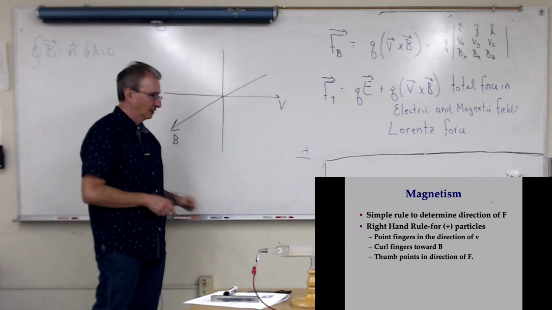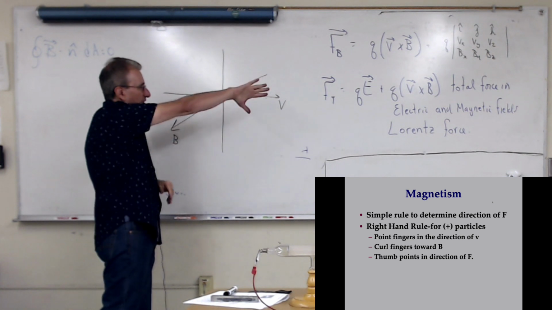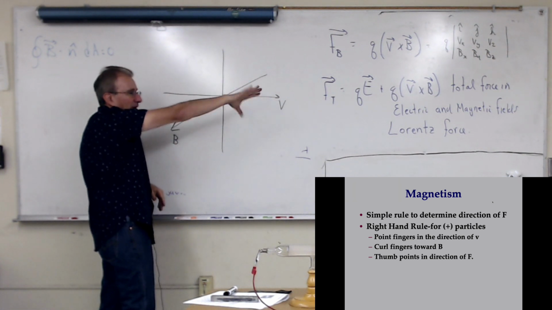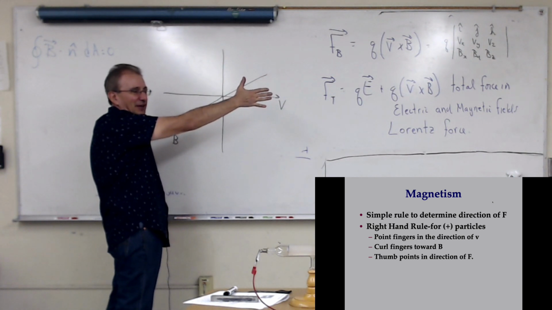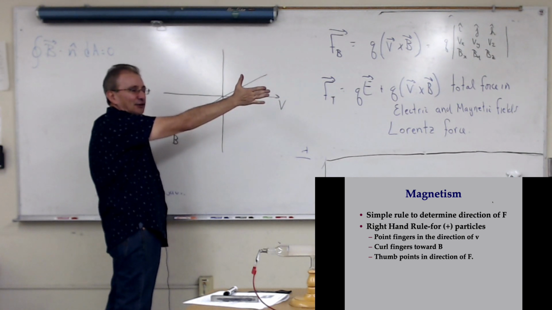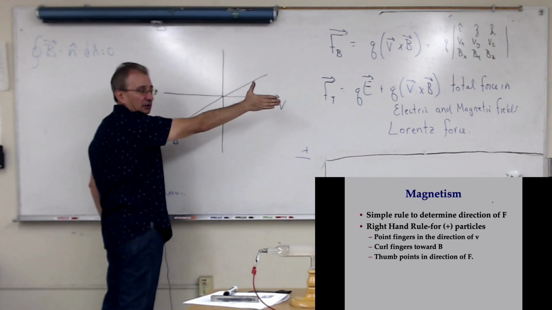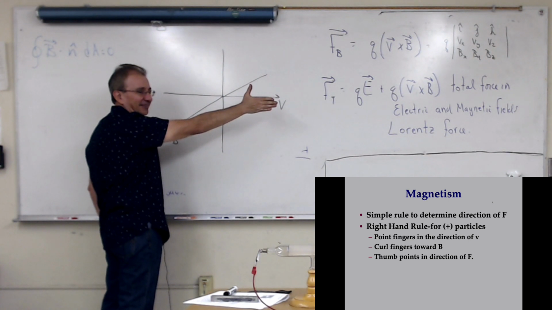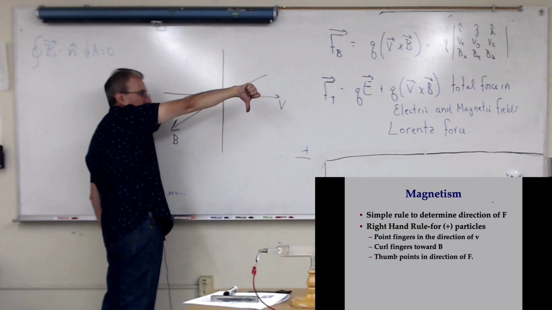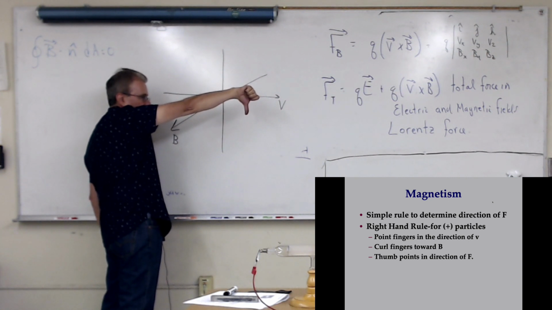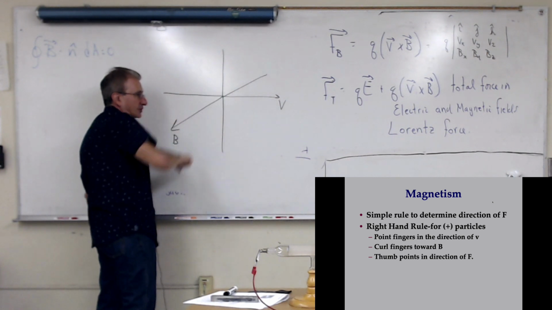You point your fingers in the direction of the velocity vector, and you curl your fingers towards B. My fingers, the way they are right now, cannot curl towards B, so I have to flip my hand over, and now they curl towards B. And it says that the force is downward.